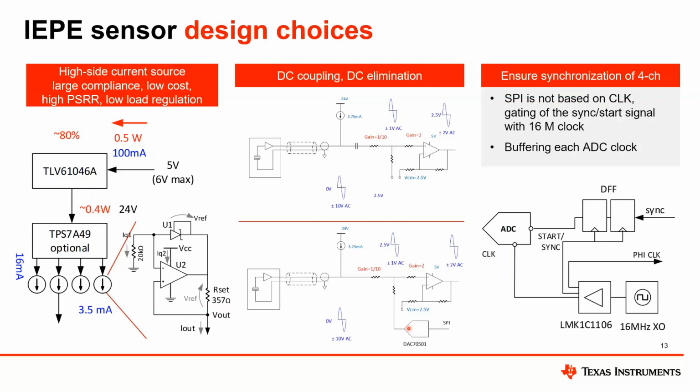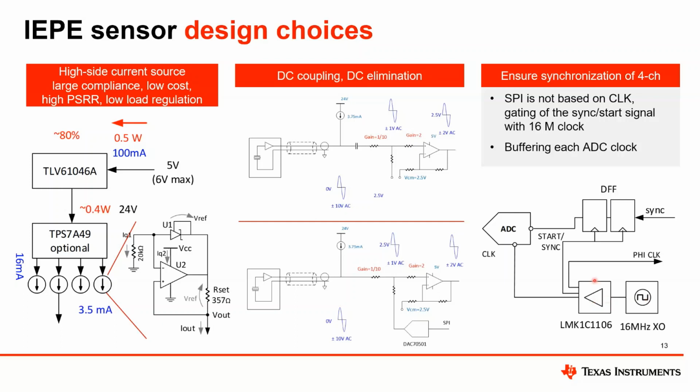Finally, for simultaneous sampling, synchronous operation of the 4 ADCs is essential. This requires two elements, actually. First, the clocks going to all the ADCs need to be synchronized, and this is ensured by using a low jitter buffer, LMK1C1106, after the crystal oscillator.